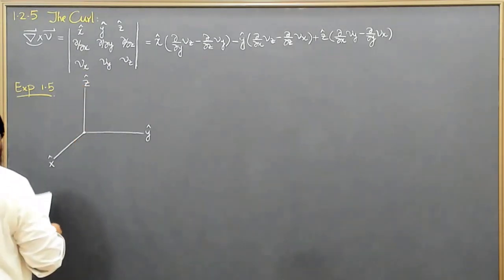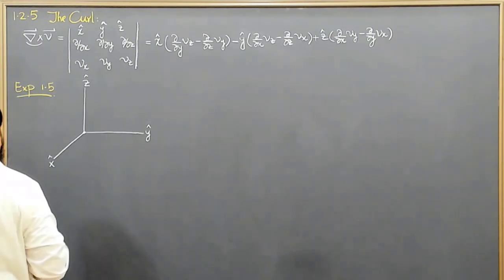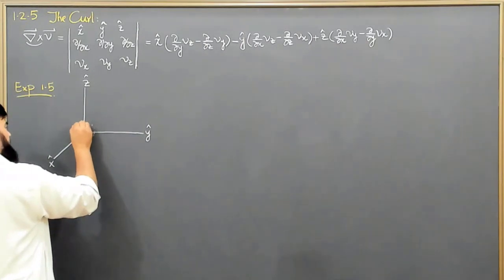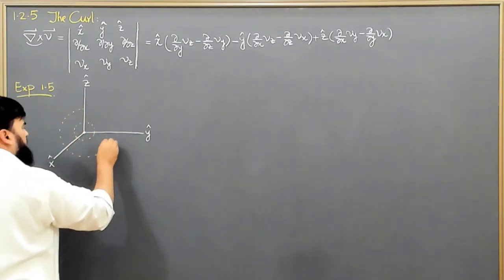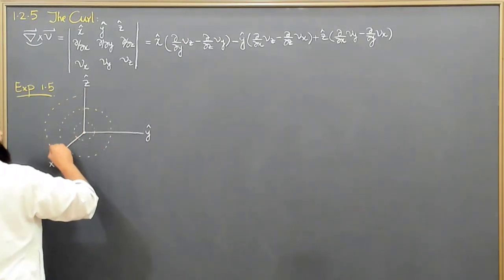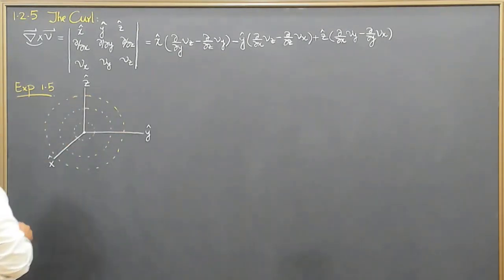Now this is the origin, and the vectors are such that they are curling like this.